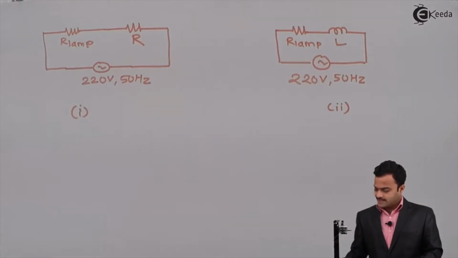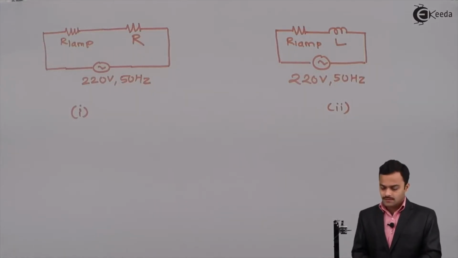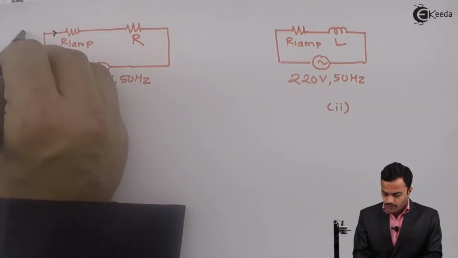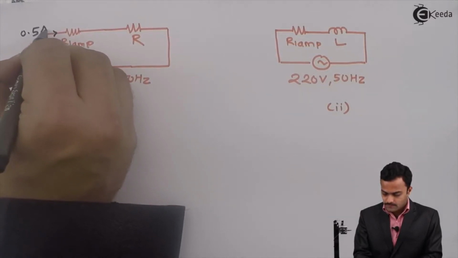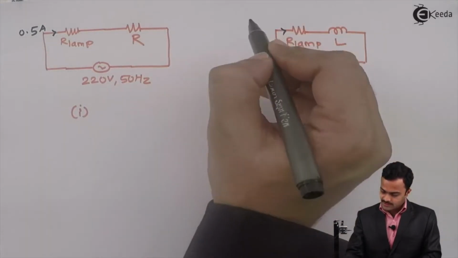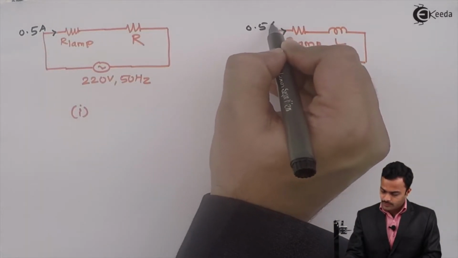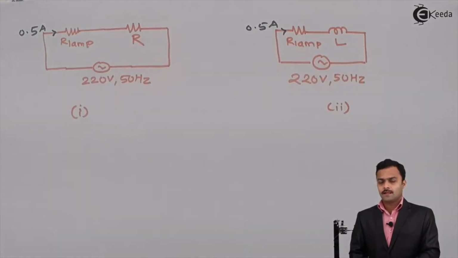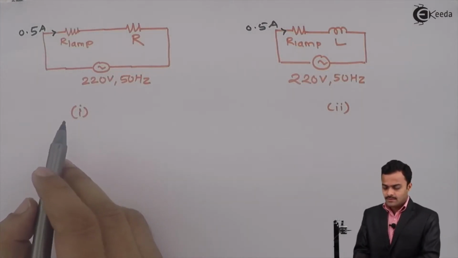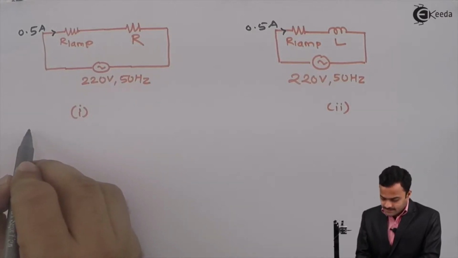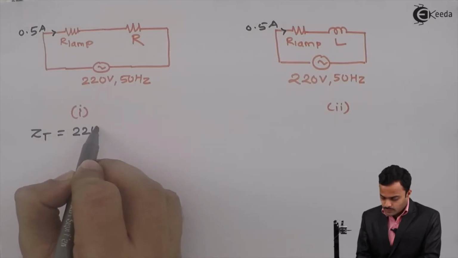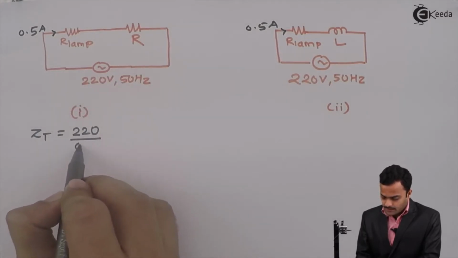Now we know to get 60 watt power I should pass only 0.5 ampere. Same is the case for this circuit. Current should not be more than 0.5 ampere. So let's solve now. In the first case, total impedance will be equal to 220 divided by 0.5.